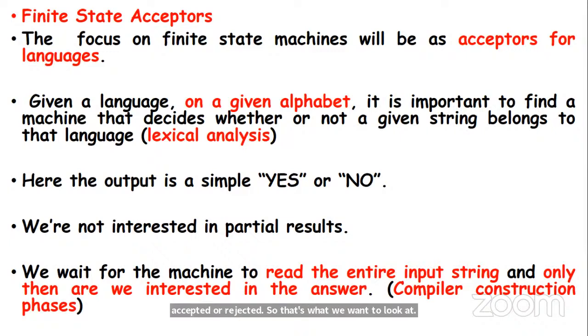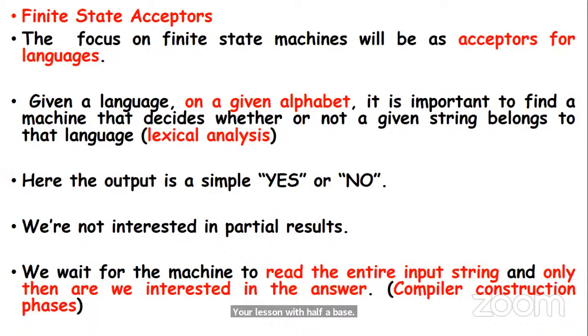So as a form of introduction, the focus on finite state machines will be as acceptors for languages. You understand what a language is from our first class, right? You understand what alphabets are, and you understand what symbols are.